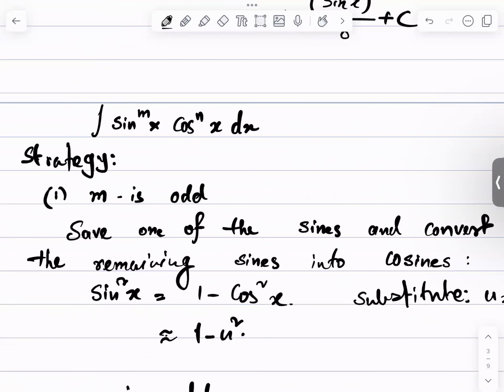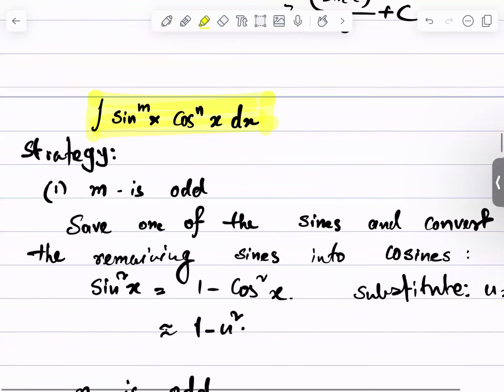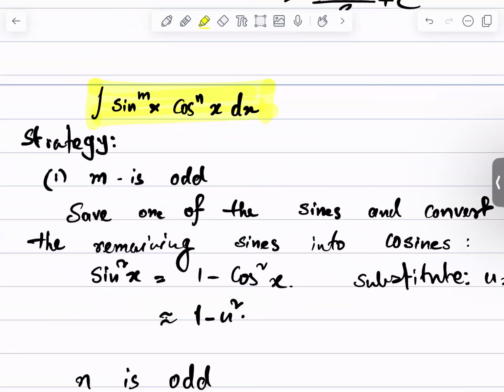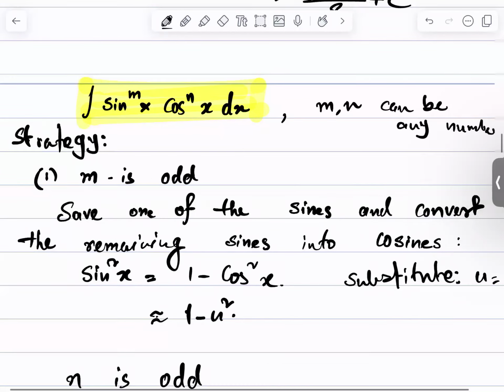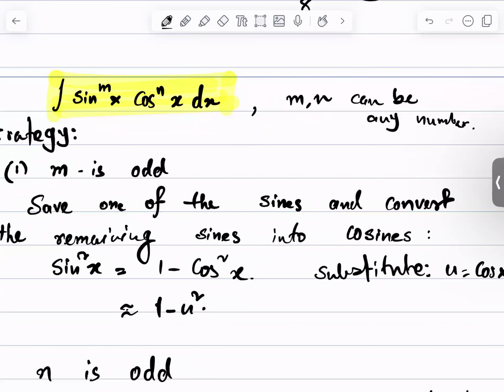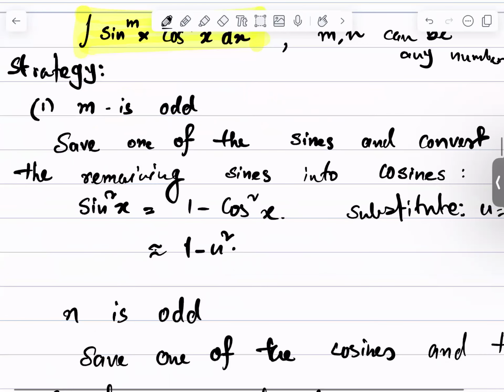Now if I try to go to generalized integration, where you can have integrations like this: sine to the mx times cosine to the nx dx, where your m and n can be any integer, to be more precise.